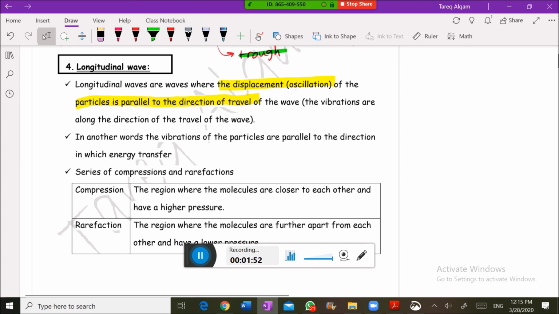Longitudinal waves: the displacement or oscillation of particles is parallel to the direction of travel. If I can represent this, we have the oscillation and we have the direction of travel.